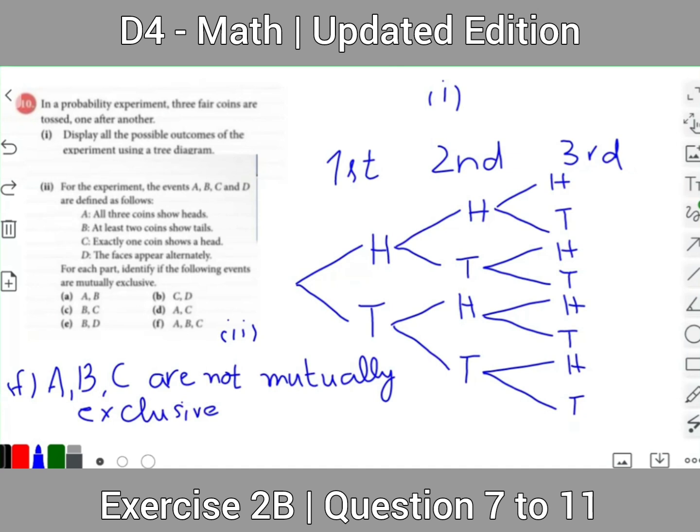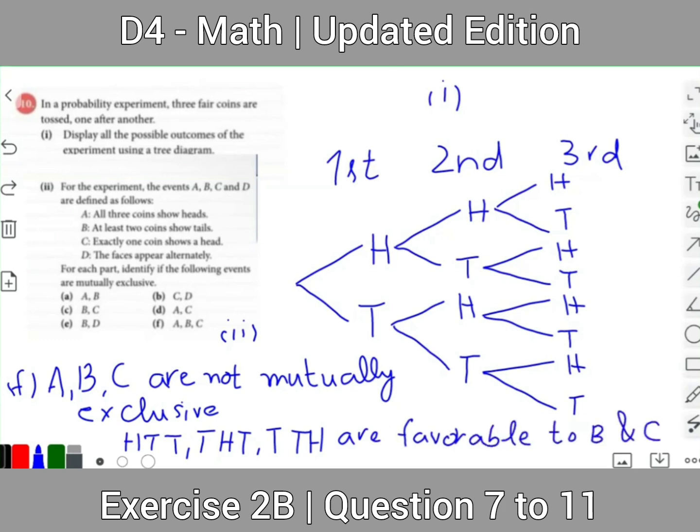So the outcomes HTT, THT, and TTH are favorable to B and C.